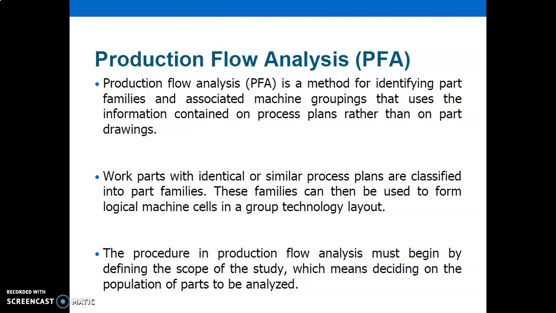The second is somewhat different. But in this, we are using the logical relation between the different parts to create the part families. The process in production flow analysis must begin by defining the scope of the study, which means deciding on the population of parts to be analyzed.